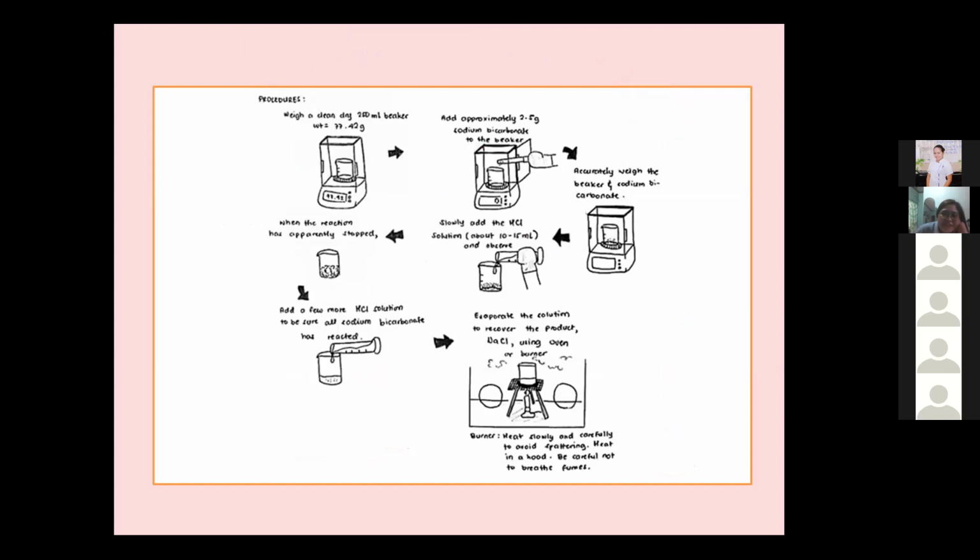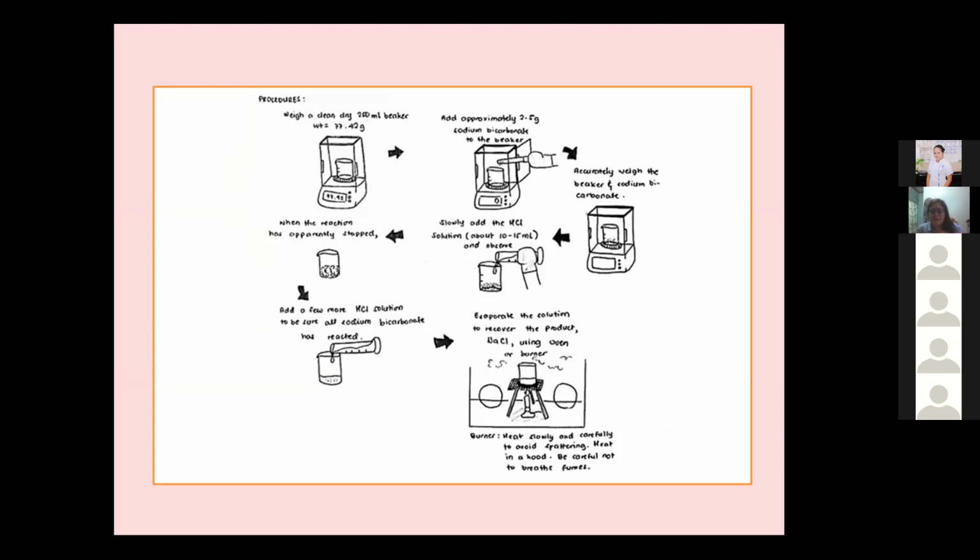After weighing the two, slowly add the HCl solution, which is about 10 to 15 ml, and then observe. When the reaction has apparently stopped, add a few more ml of the HCl solution to be sure all the sodium bicarbonate has reacted.